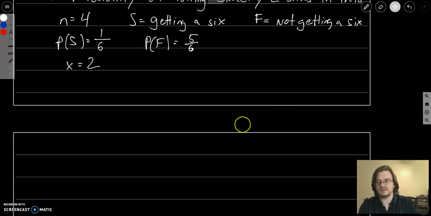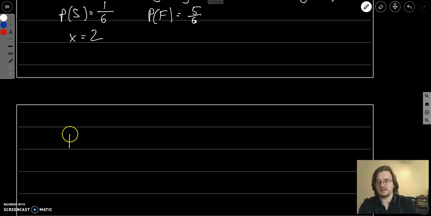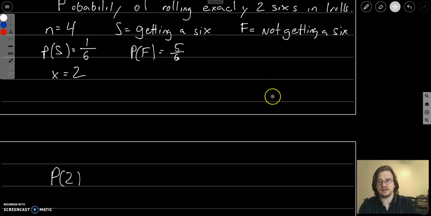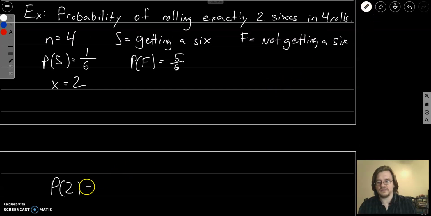So let me do this on the next page. So the probability of getting exactly 2 6s will be 4 factorial. Let me write down the original equation as well. This will be a little bit easier. n factorial divided by n minus x factorial times x factorial times p to the x times q to the n minus x.